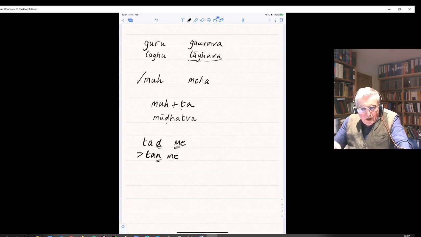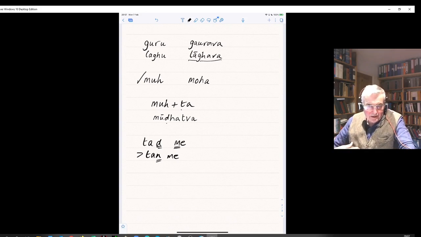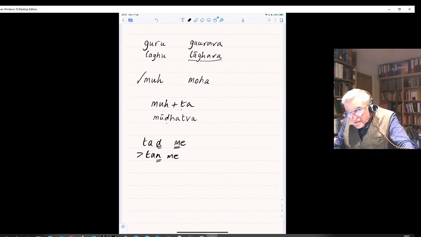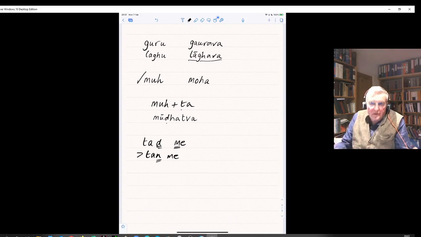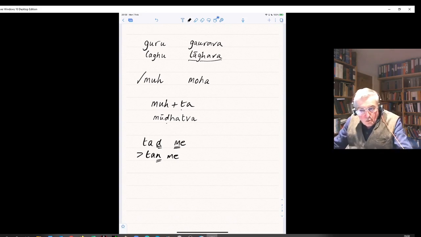And this is Guru Laghava mudhatvam tan me syad, there may thus be Guru Laghava mudhatvam to me. In other words, I might thus or then or in that way suffer from or be under this lack of ability to discern, this mudhatvam, lack of ability to discern the Guru Laghu, the Guru Laghava.